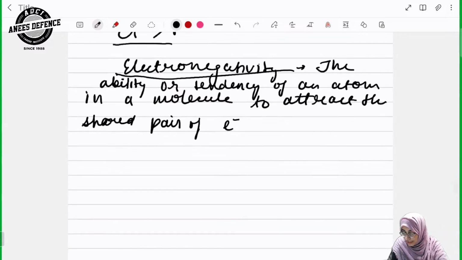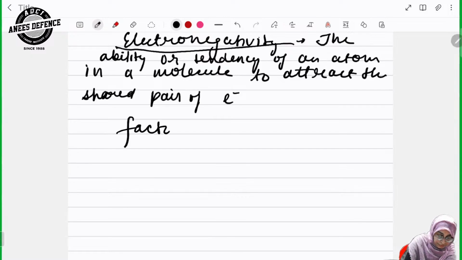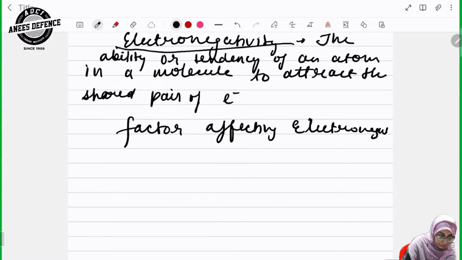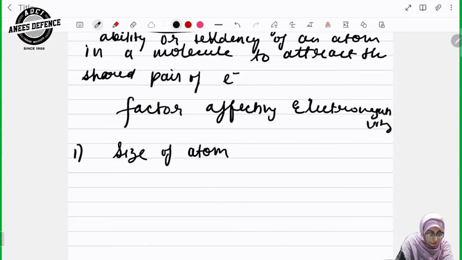Now we'll see the factors affecting electronegativity. First, the size of the atom.